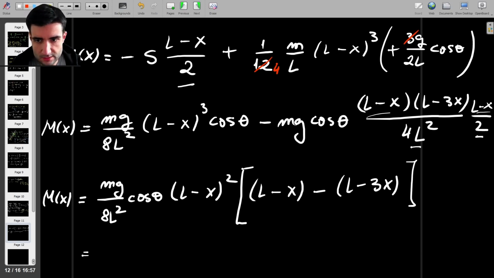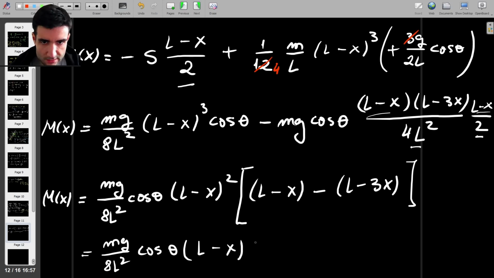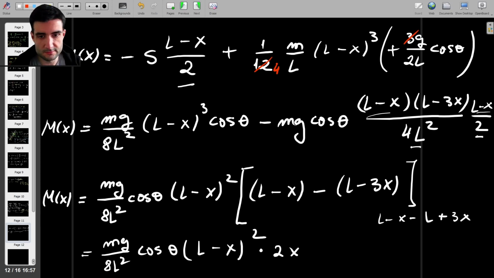So this is going to be mg over 8L squared times cosine theta L minus x squared. And this is multiplied with, so L minus x minus L plus 3x is going to be just 2x like this.